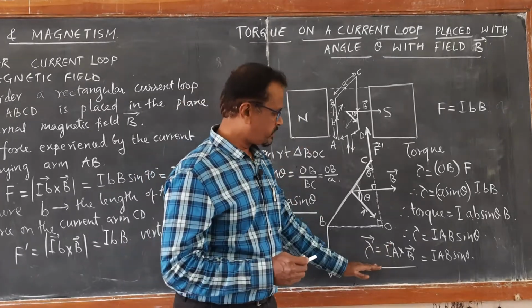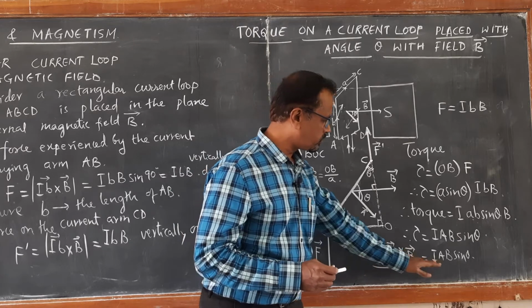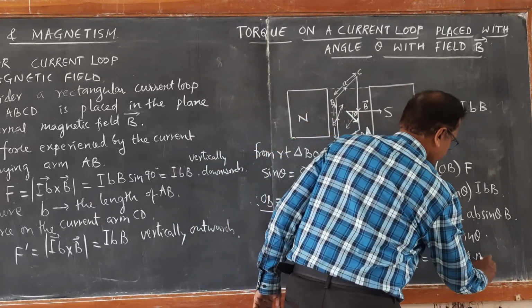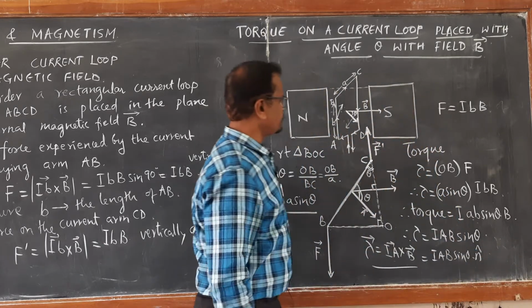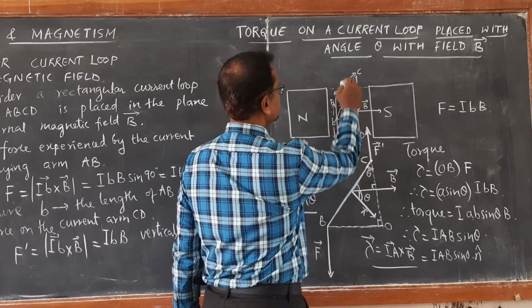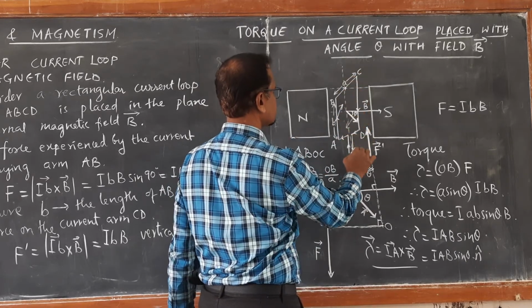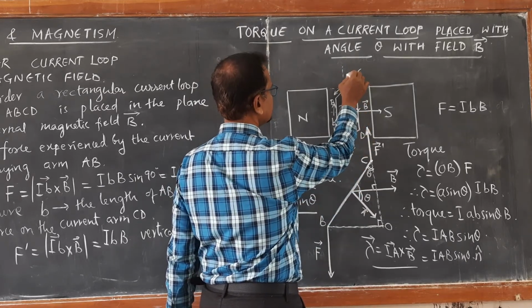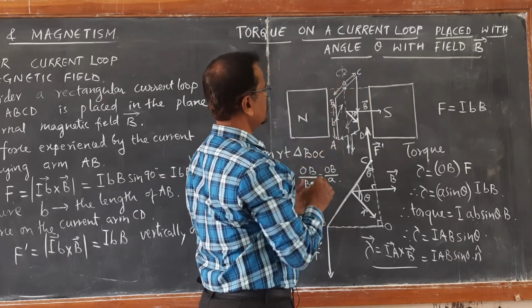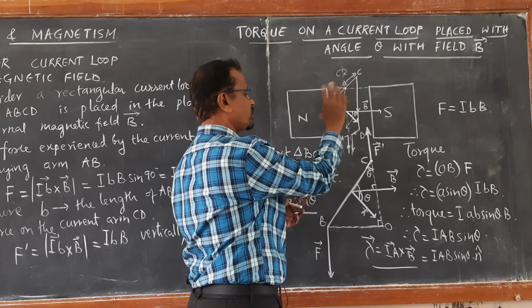That's how the variation is given by torque tau equal to IAB sin theta, and the direction is given by n cap, and the direction of this torque is along the axis. If this is the axis, then the direction of the torque is given by this way. So this is how the plane rotates.